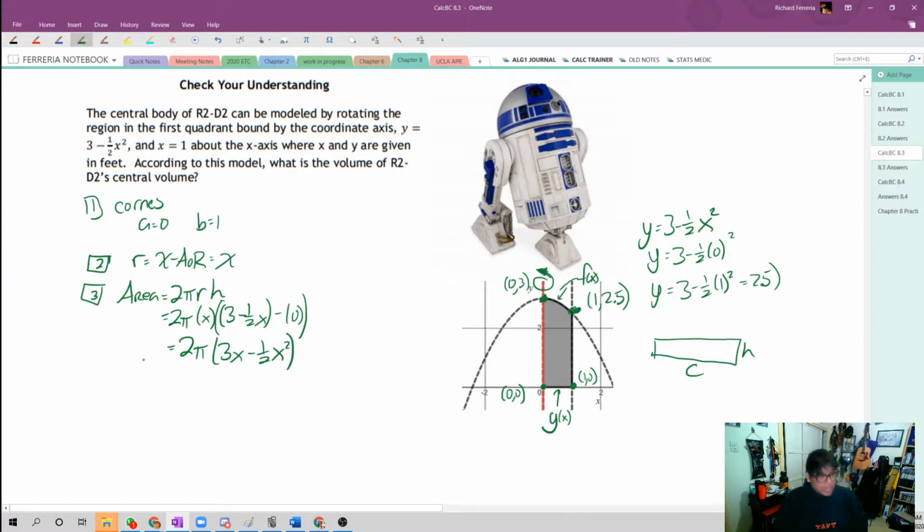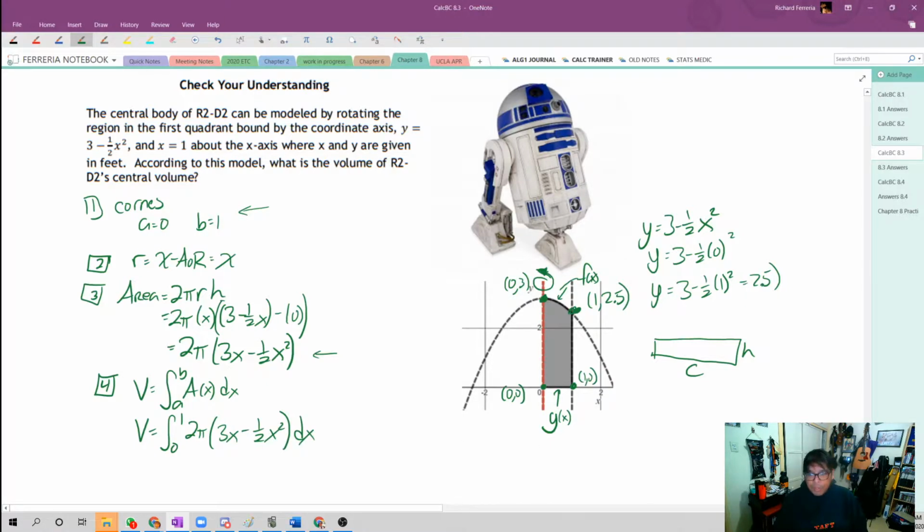And we're ready to go with part 4, which is just the volume equals the integral from a to b of the area formula dx. So the volume is equal to the integral from 0 to 1 of the area formula, 2 pi times 3x minus 1/2 x squared dx.